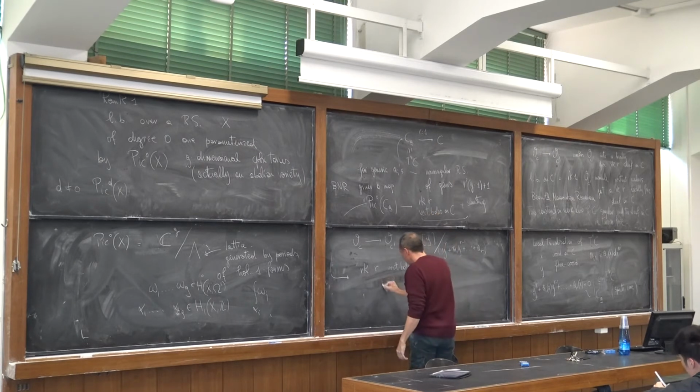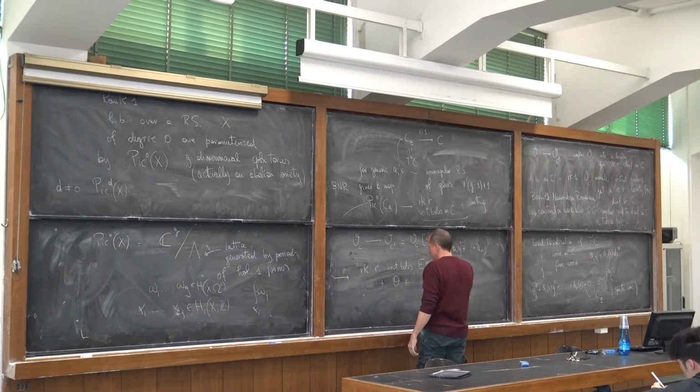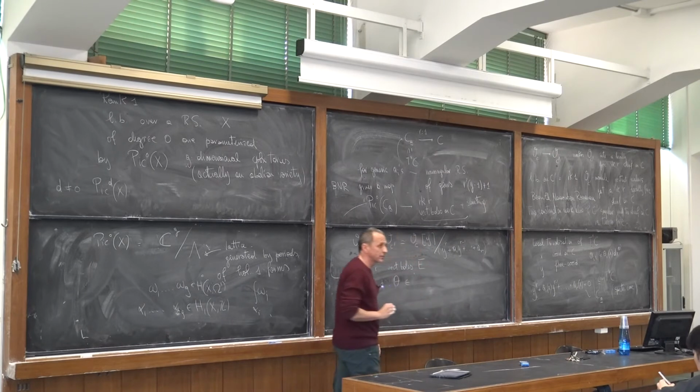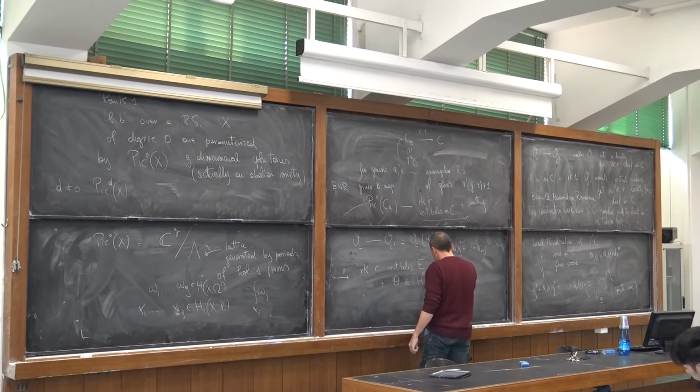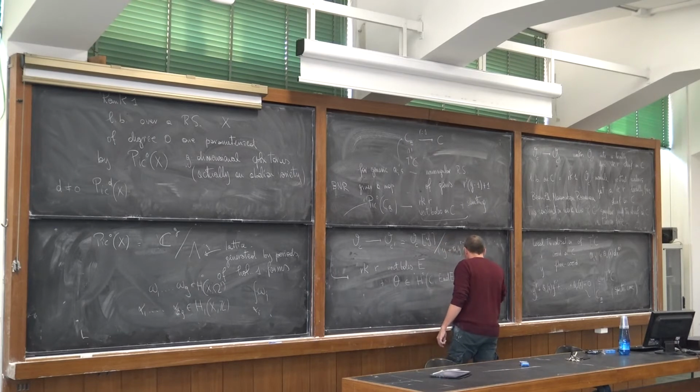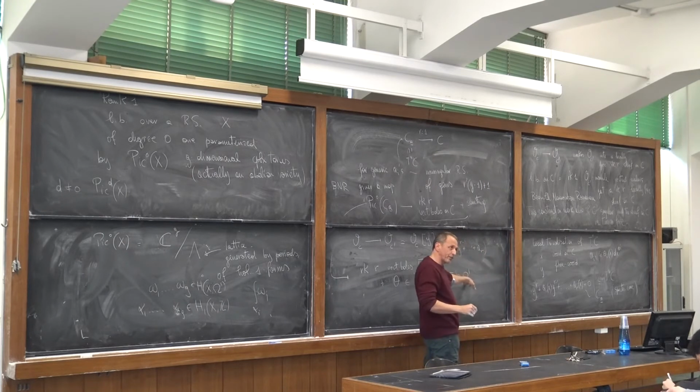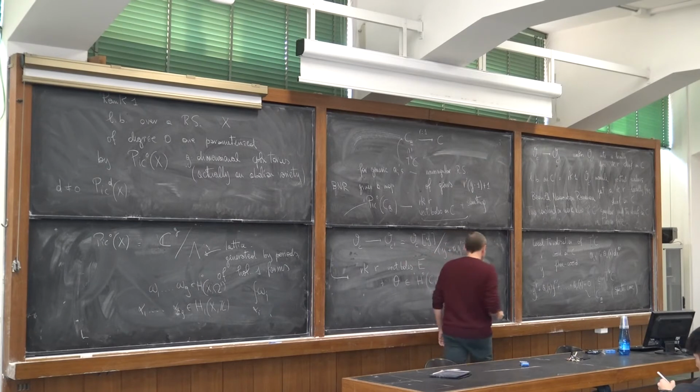Okay? Plus an endomorphism theta, so let's call the vector bundle E, plus an endomorphism theta, and if you compute precisely the transition functions, you see that this is not really an endomorphism, it's a twisted endomorphism, so this actually lives in H^0(C, End(E) ⊗ Ω^1_C). So it's an endomorphism with coefficients in 1-forms.